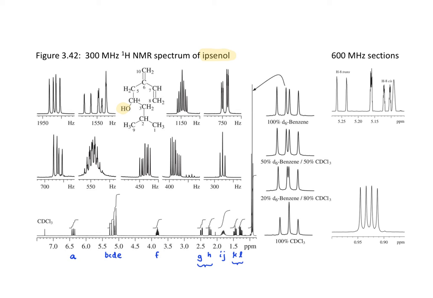At 0.9 parts per million, there is an apparent triplet that integrates to 6 hydrogens. But at higher field strength, we can see that there are actually 4 signals, and that corresponds to 2 doublets. This is also demonstrated by changing the solvent from deuteriochloroform to deuteriobenzene.